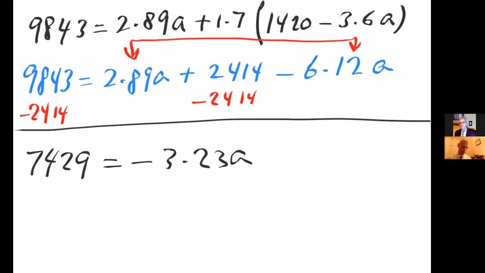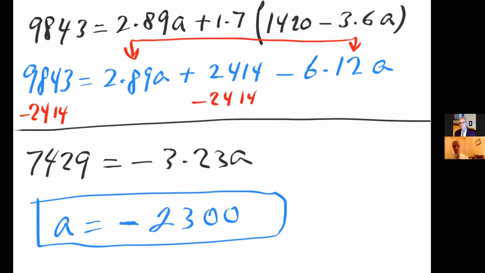Okay, so let's divide both sides by negative 3.23, and that gives me a equals 7,429 divided by negative 3.23. Okay, didn't give me any decimals. Nice, negative 2,300 is the value of a.